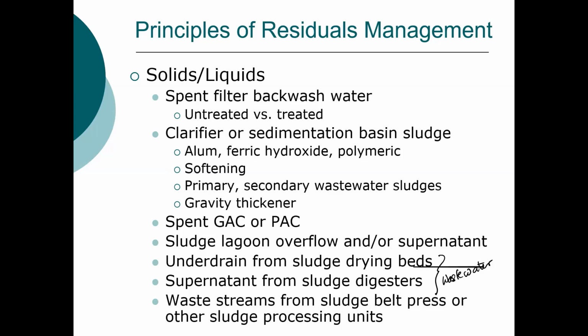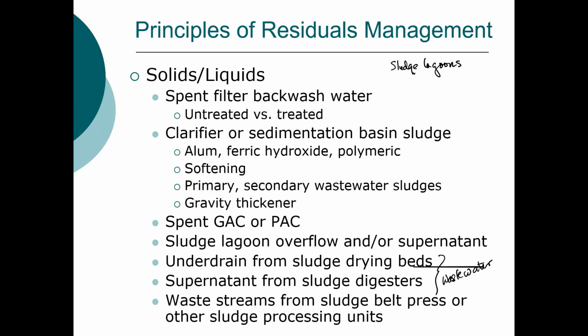So for instance, at the East Lansing plant, they have sludge lagoons. So they dewater the softening sludge from the lagoons. If you look at the aerial photos of the East Lansing Meridian Township Water Treatment Plant, you'll see the sludge lagoons.